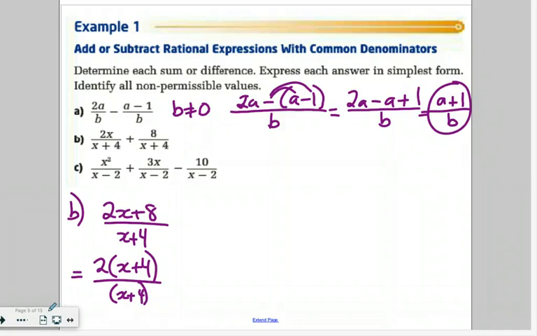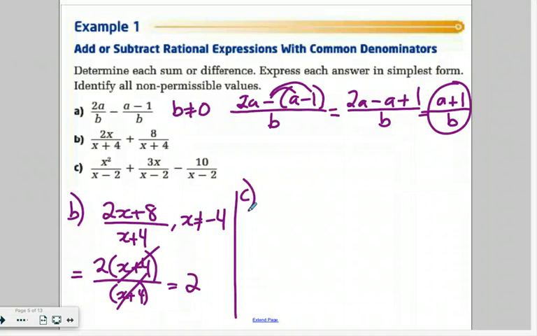Then we can notice that the x plus 4 is a common factor, because I factored the numerator first. This can cancel like that, and my answer is simply 2. However, I still would have had to state at the beginning, x cannot equal negative 4. It's still a non-permissible value in this case. They happen before we simplify, okay?